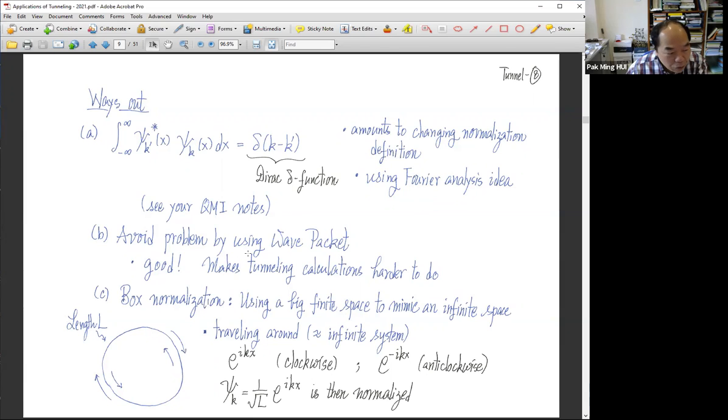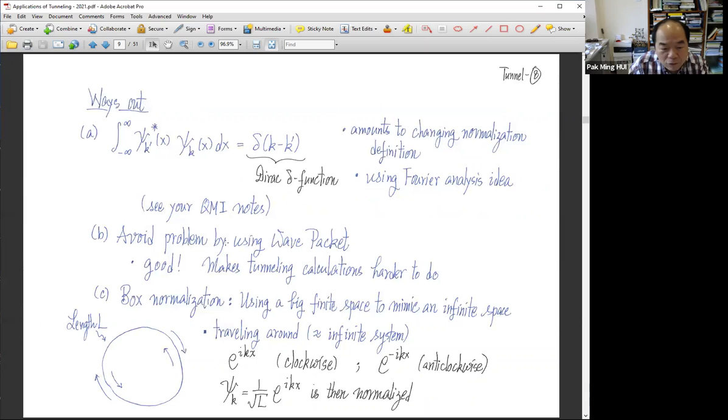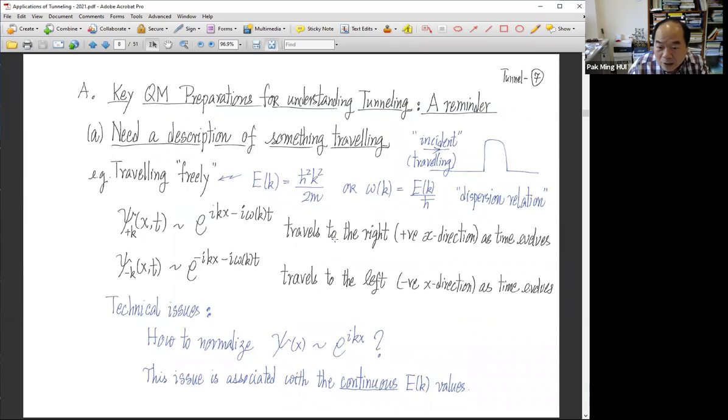Another way out is to do things in a more complicated way, but doable, is not to consider plane waves, but to consider a linear combination of plane waves, using different k's, stack them up to form a wave packet. Okay, that is to say, when you consider the tunneling problem, you have a wave packet representing the electron or some particles coming in, and then see what happens.